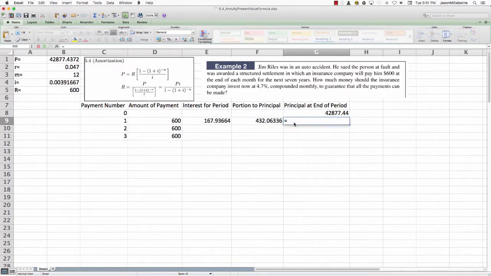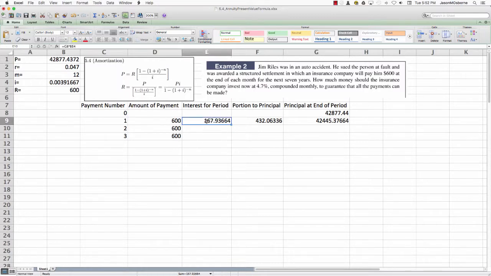And therefore, what happens is they will have the $442,800 minus their principal. So their principal went down only by $432 because they got $167 for free from interest.